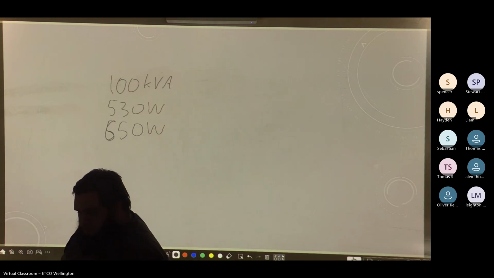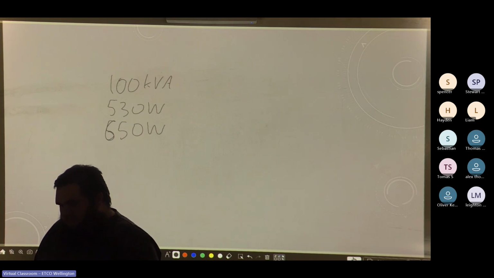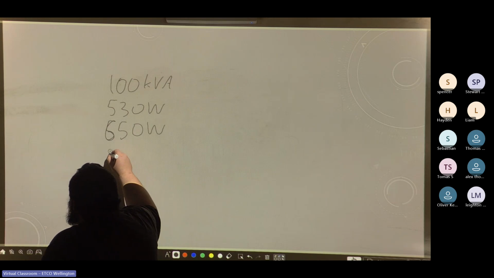Okay, so that's at full load current. So we can calculate the efficiency at full load if the power factor is 0.7.